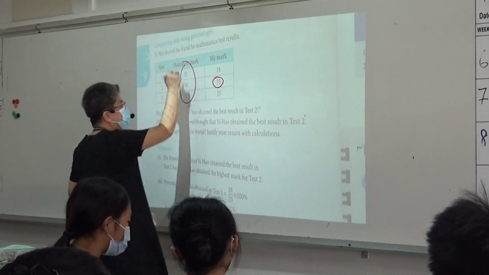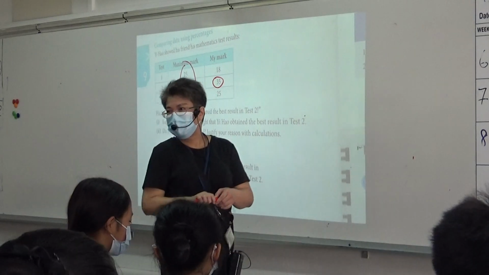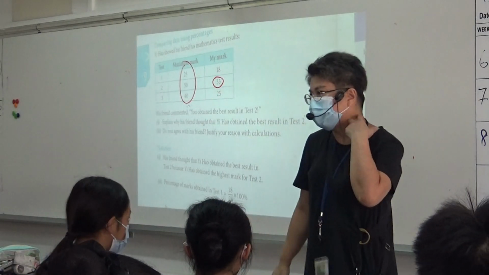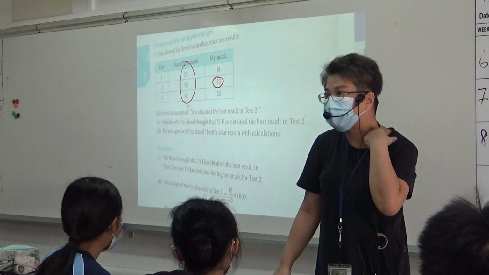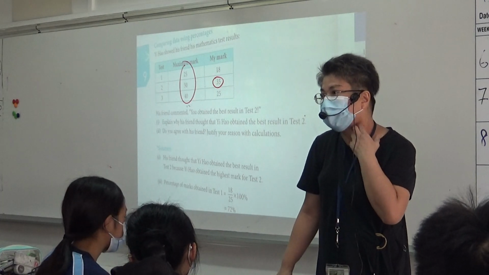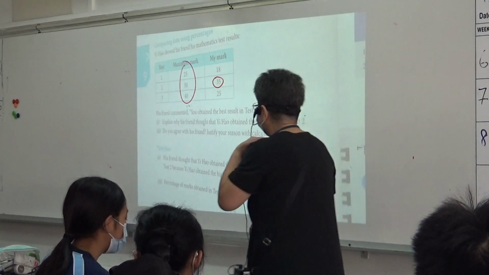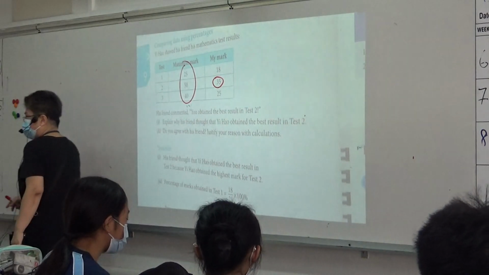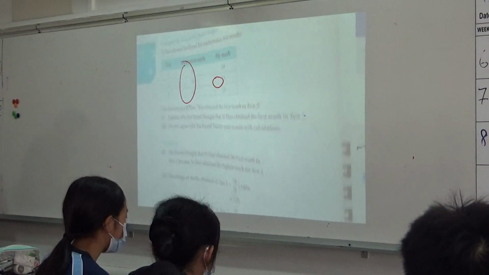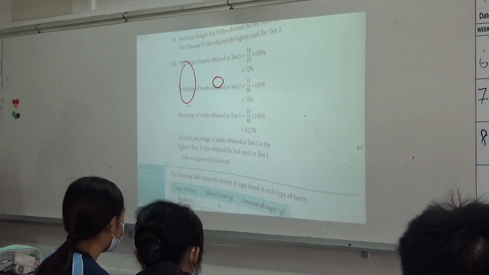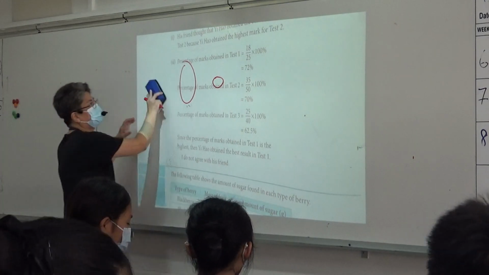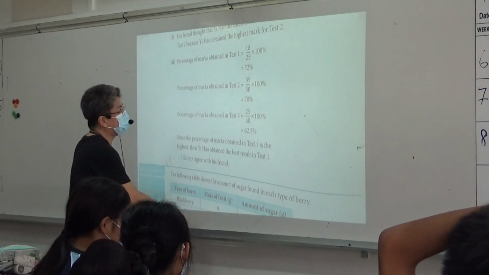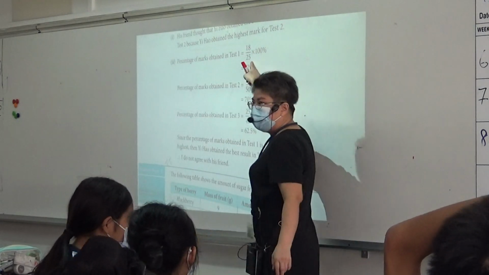Now, what do you realize about this? The maximum mark or the total mark is different for each test. So you cannot say, right? Now, let's take a look at how the working should be done. We look at test 1. He got 18 out of 25, right?